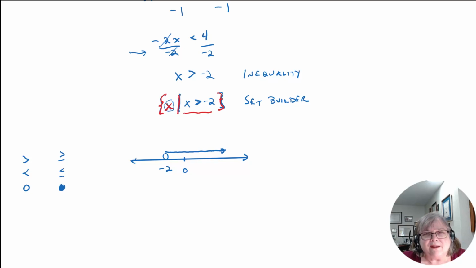Okay? Now they have another notation where, if you would have colored it in, you're going to use squared-off brackets that could go either direction like this, or you're going to use round ones like this. So another way to show this one is you would use a curve as opposed to an open circle, and then have your arrow go right on top of the graph.